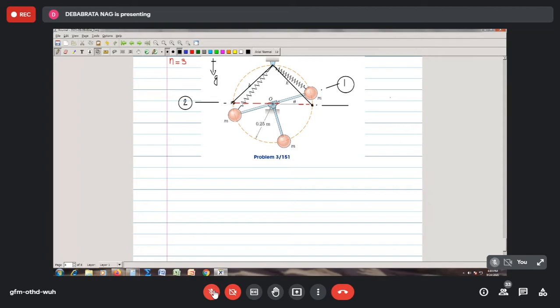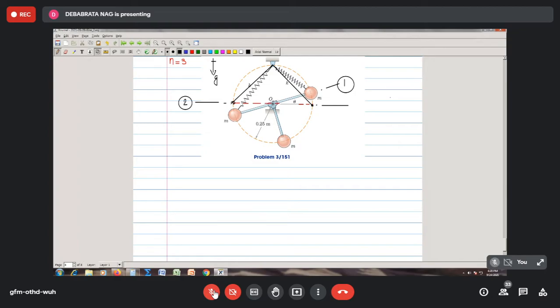Because they are attached to immovable support points, and due to that there is no displacement whatsoever of the point of application of the support reaction forces. As a result, they do not contribute anything to my work equation. Or in other words, the support reactions come under the reactive or non-active force category.